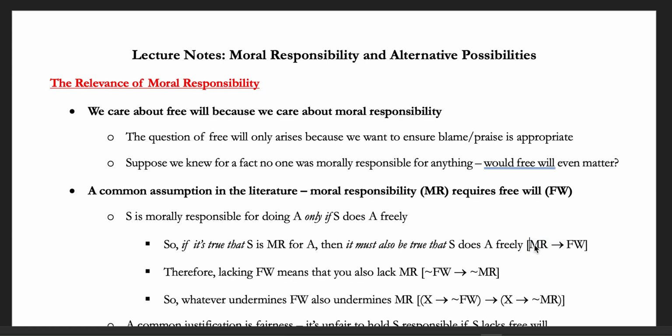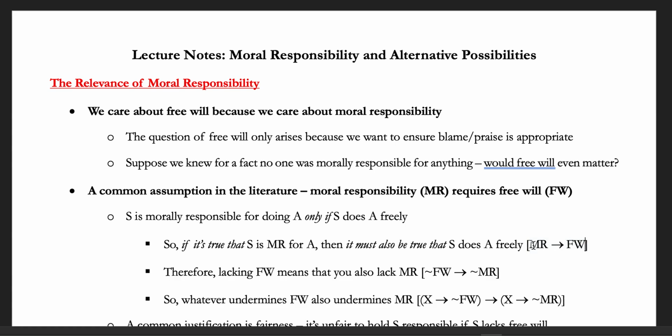If you know that someone's responsible, then you know that they're free, which means that free will is a necessary condition for moral responsibility. You cannot be morally responsible unless you're free, right? Only if you're free.